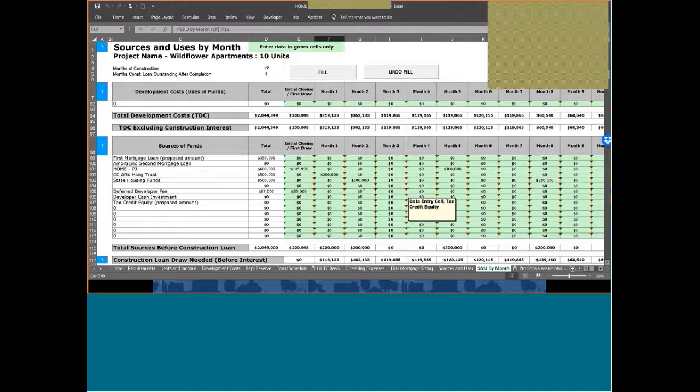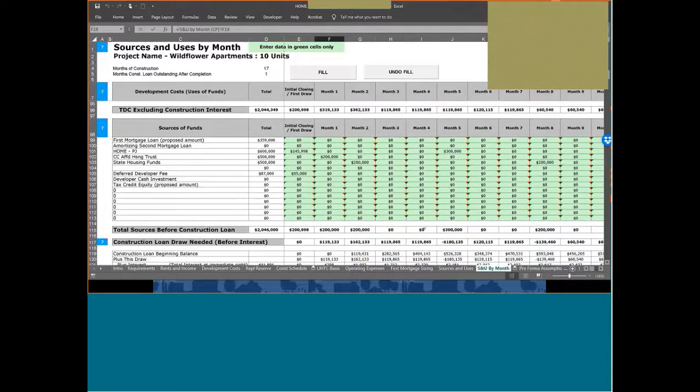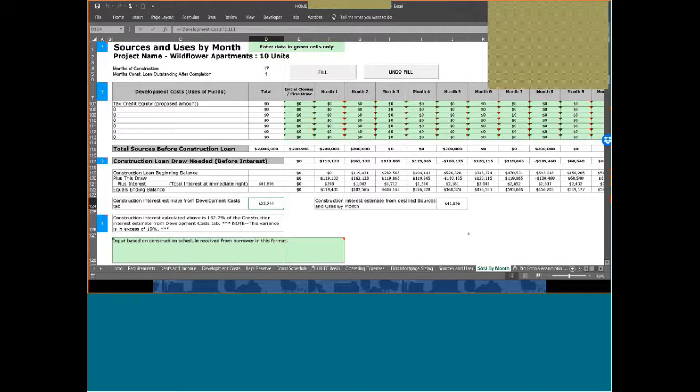And if you scroll down, what you'll see is that we earlier had a rough justice, broad brush, rule of thumb kind of estimate that would be $25,000. And we now see that based on the actual projected timing, that's going to be $41,896. So we're going to want to go back to our development costs, and we're going to want to fix that.